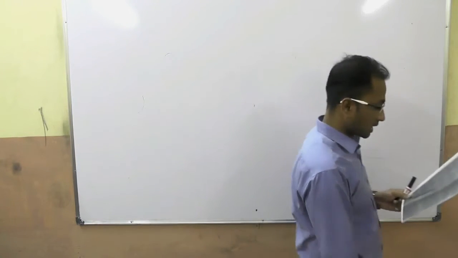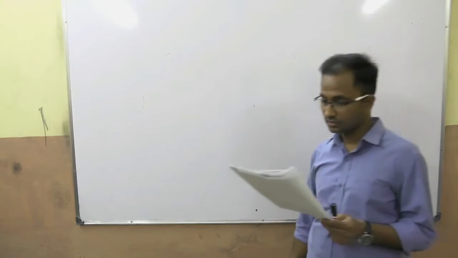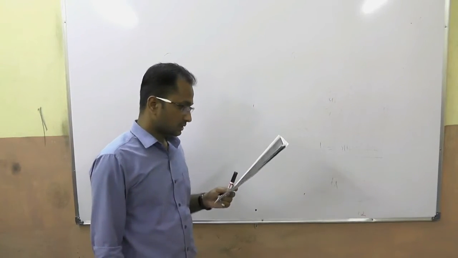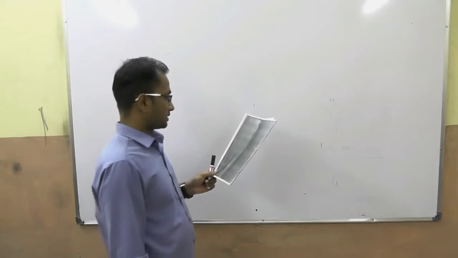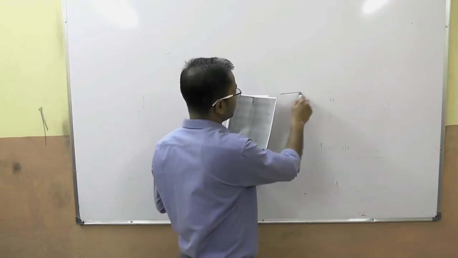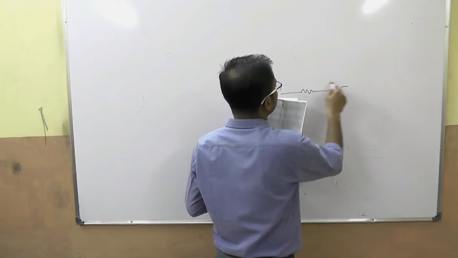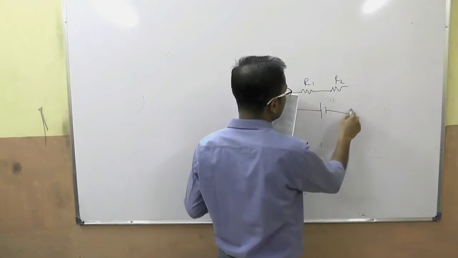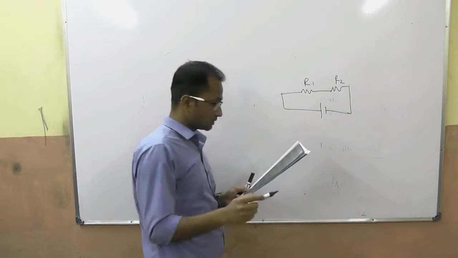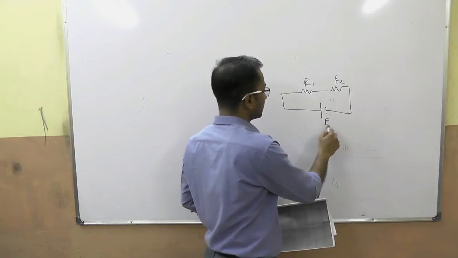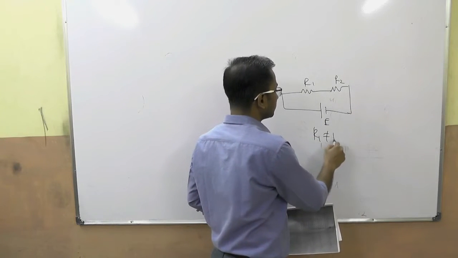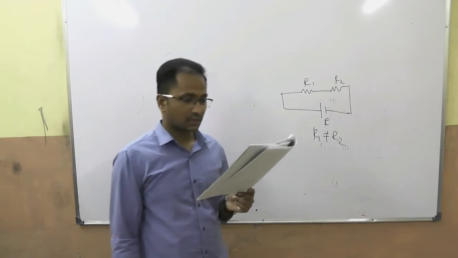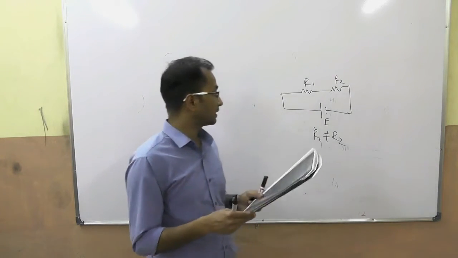Suppose this is R1, this is R2, connected across a battery. It is given that R1 is not equal to R2. First option is potential difference across each resistor is the same.